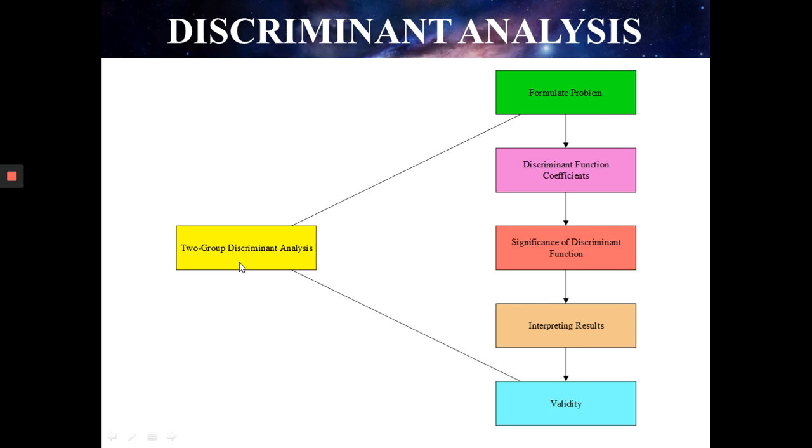The steps involved in conducting discriminant analysis consist of formulating the problem, estimation, determination of significance, interpreting the result, and validity. These steps are discussed and illustrated within the context of two-group discriminant analysis. Discriminant analysis with more than two groups is discussed later in this chapter.